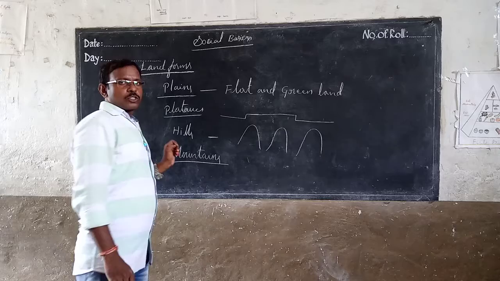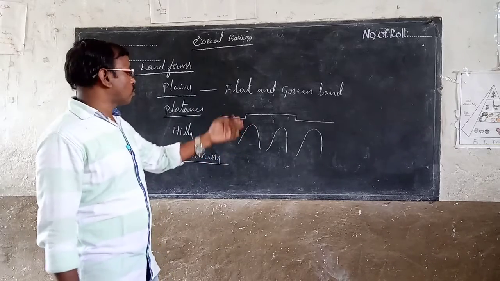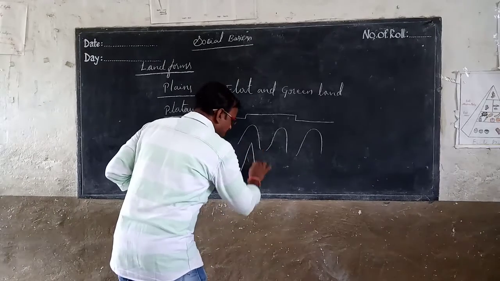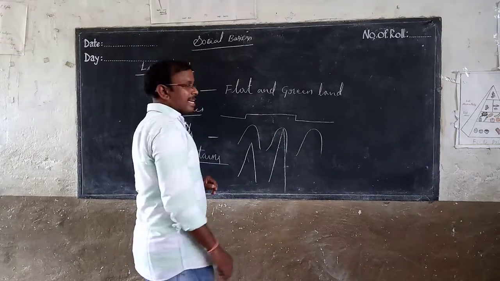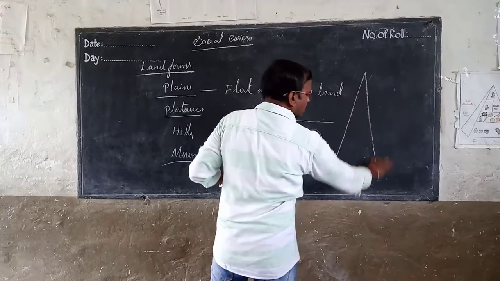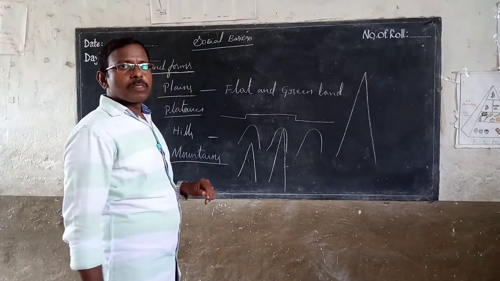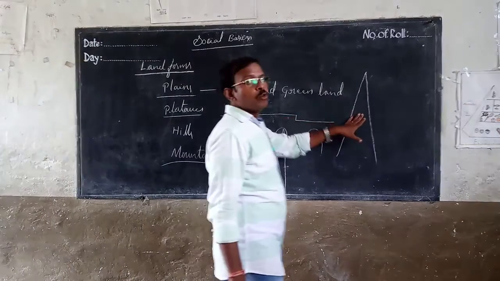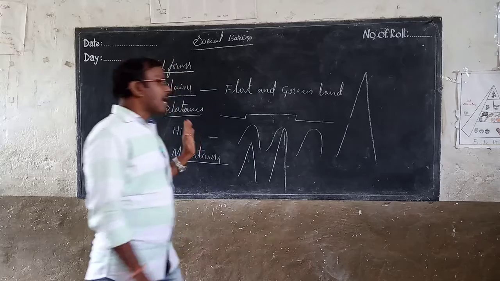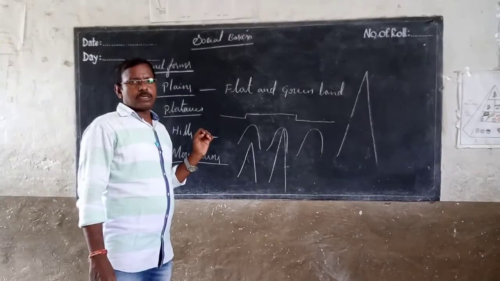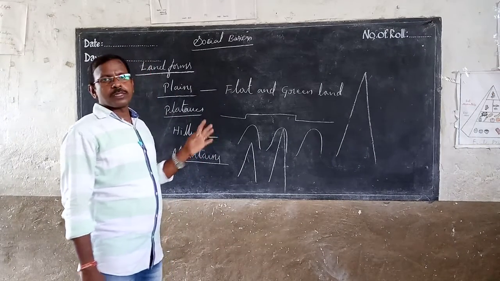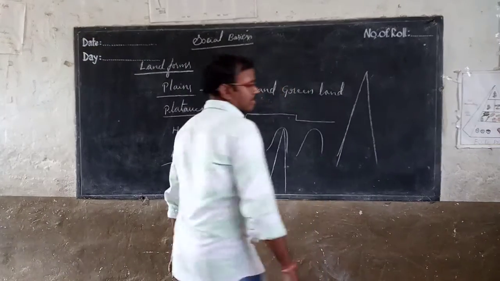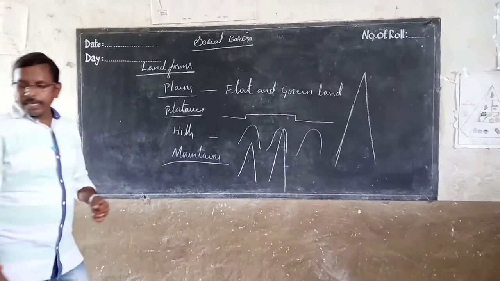Mountains are the highest lands on the earth's surface, higher than hills. The highest landforms on the earth's surface than hills are called mountains. Hills are higher lands on the earth's surface, and the highest landforms on the earth's surface are called mountains. Okay, and next, valleys.